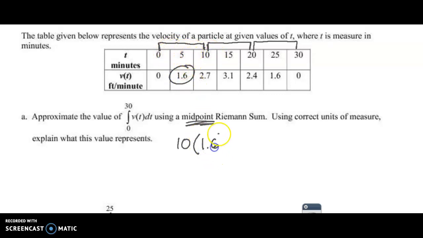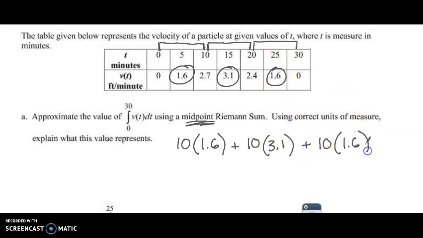Times 1.6 plus the next width from 10 to 20 is 10 times the y value at 15, and then the next width is still 10 times the y value of 1.6. Now it's up to you how you would answer this, but 10 times that just moves the decimal over once.